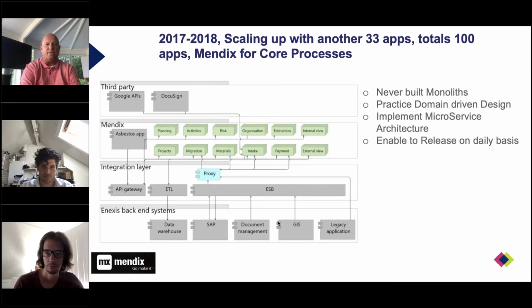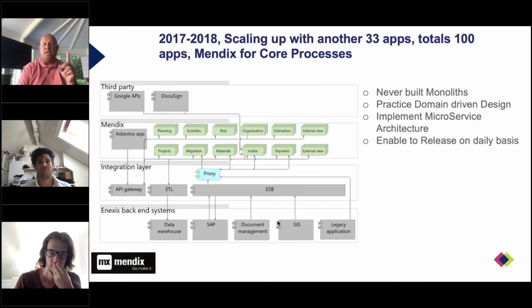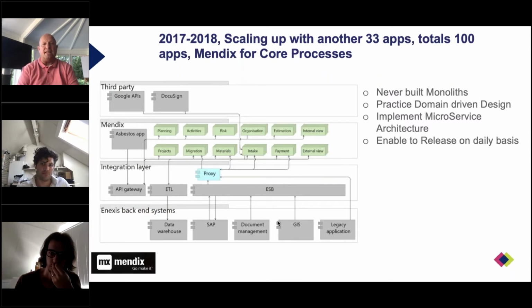Based on this, we were able to work with 6 to 8 teams in parallel, implementing 12 apps which worked together autonomously. They were built autonomously, meaning that when another application goes down, the rest is always able to continue their work. So the decoupling was very important.